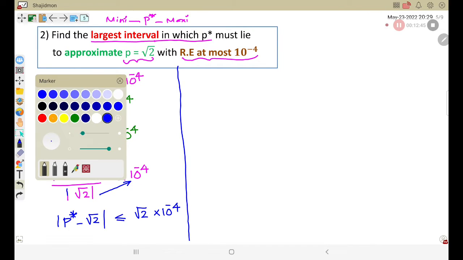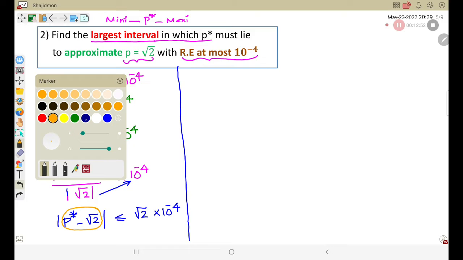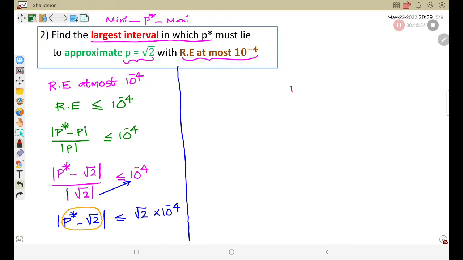Now we need to delete the absolute symbol again. What is inside? The absolute value is of P star minus root 2. So we can write P star minus root 2. Once we delete the absolute, we put less than or equal to on both sides.